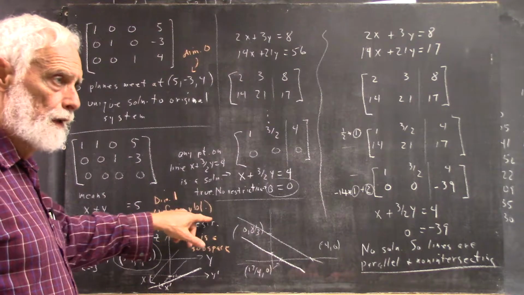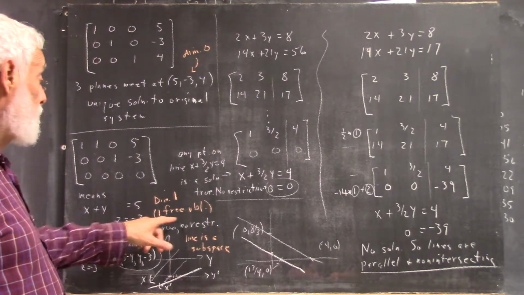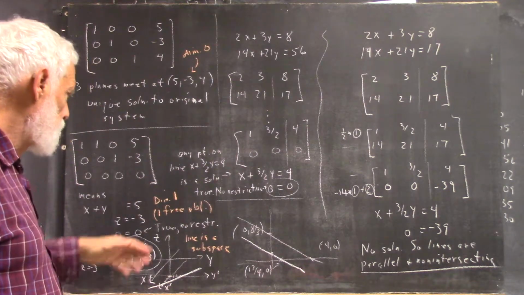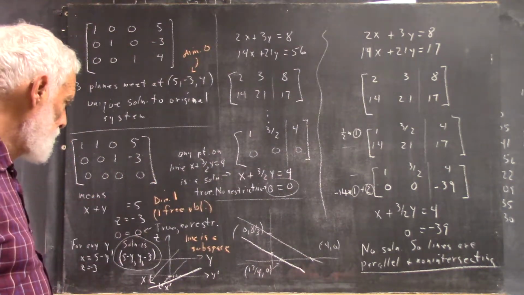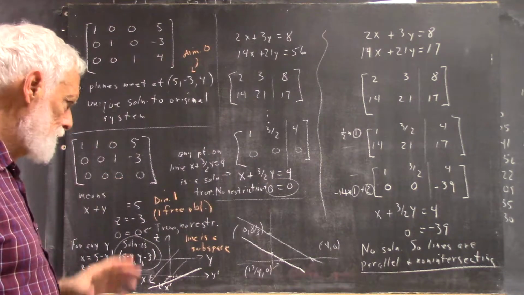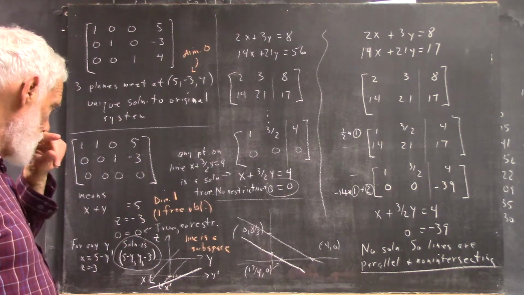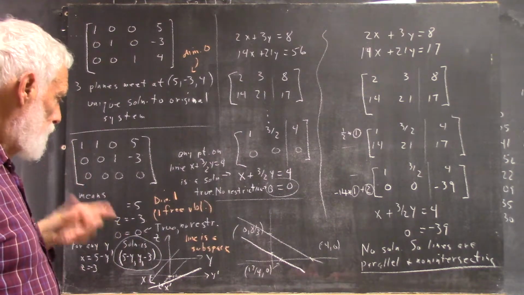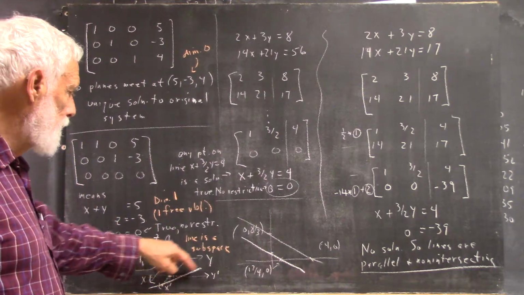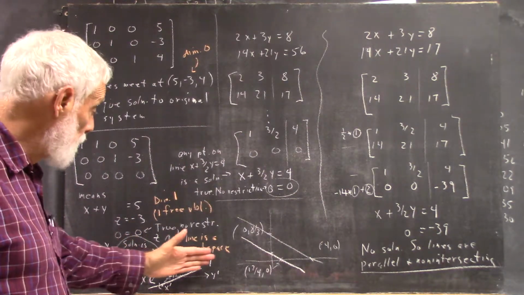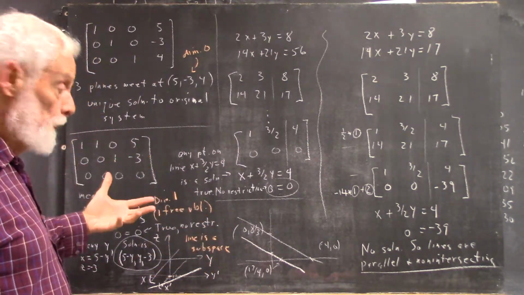Now, I'm not going to explain what that means right now, but that's terminology you want to have seen, so when I do explain it, you can relate it to this. You don't have to remember that, but make sure you understand that I've used that term in this situation. And we also say then that this line is a subspace of our 3-dimensional space. It's a 1-dimensional subspace of 3-dimensional space.